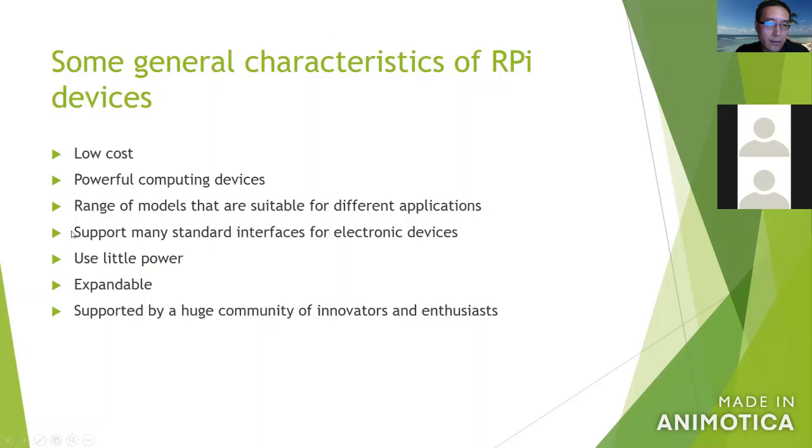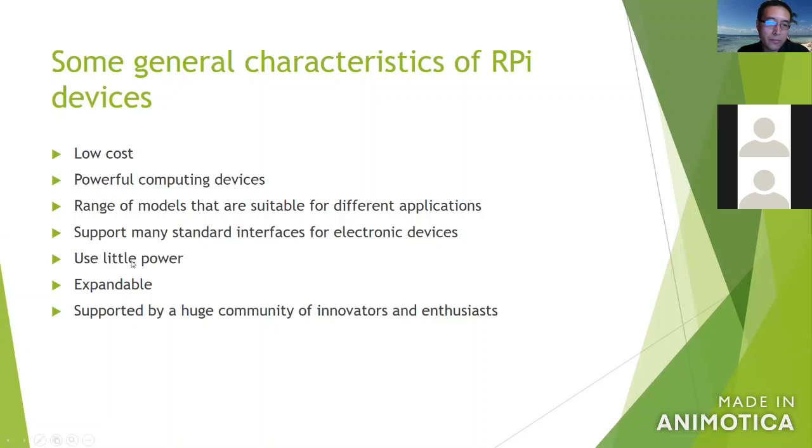And it supports many standard interfaces for electronic devices, because Raspberry Pi is a computer system, so it supports most of those standard devices. That gives us a lot of freedom when we design an application or a system using Raspberry Pi.